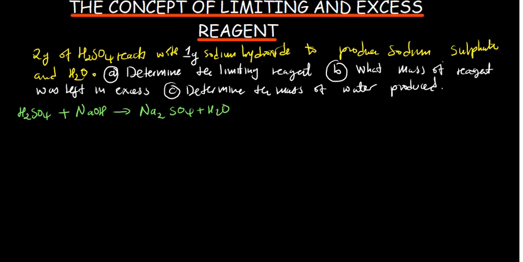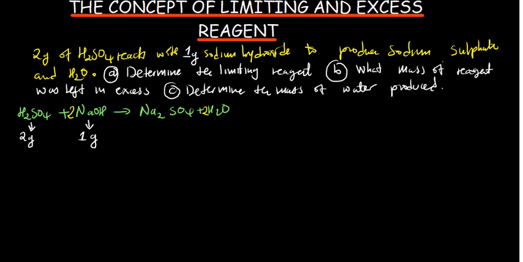Okay, we had put a 2 in front here, and we also put a 2 in front there. Now if you look at this question, we've been given the mass of sulfuric acid. We've been given 2 grams of sulfuric acid. We've also been given 1 gram of sodium hydroxide.